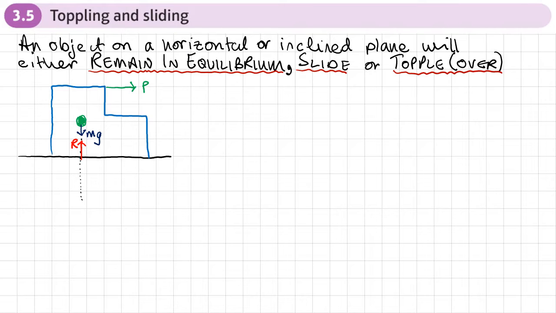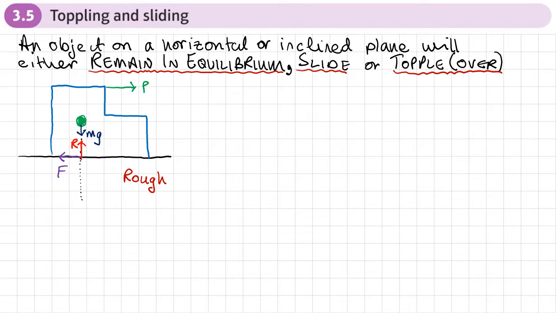Now I'm considering a rough surface, so this is going to be rough, no smooth surfaces here if things are going to be toppling over or sliding. Which means I'm going to have a frictional force pointing in the opposite direction to the pulling force, and let's call that frictional force F, and that acts in exactly the same position as where the normal reaction is acting, at this point here, which is vertically below the centre of mass.